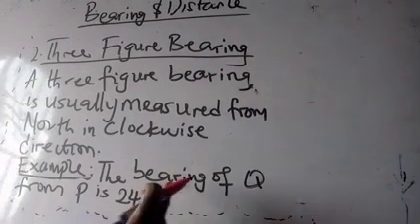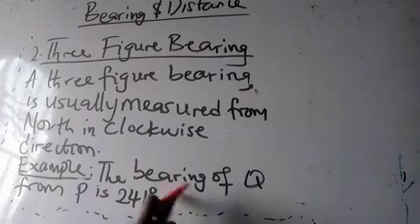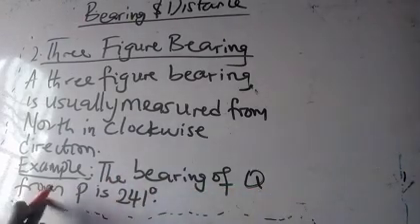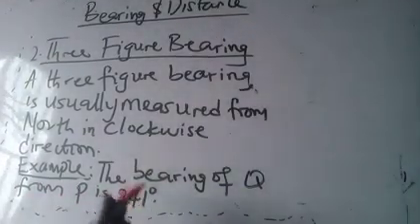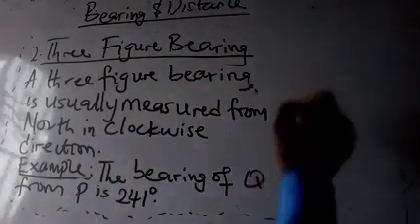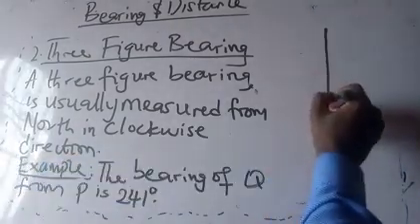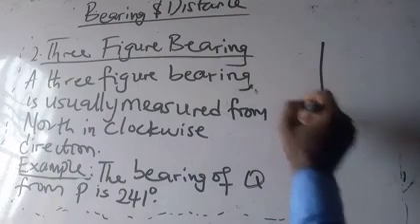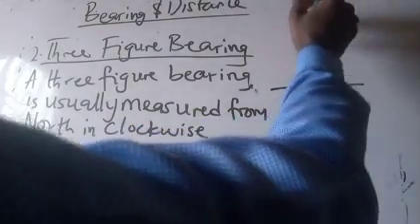We are having another example on the board. The bearing of Q from P is 241. Every point has its own north pole. The reading starts from where? North.